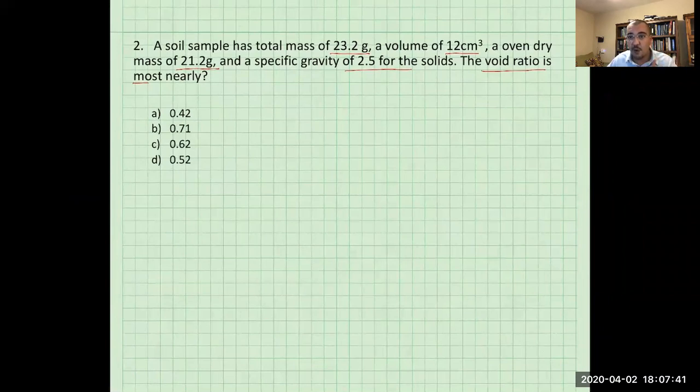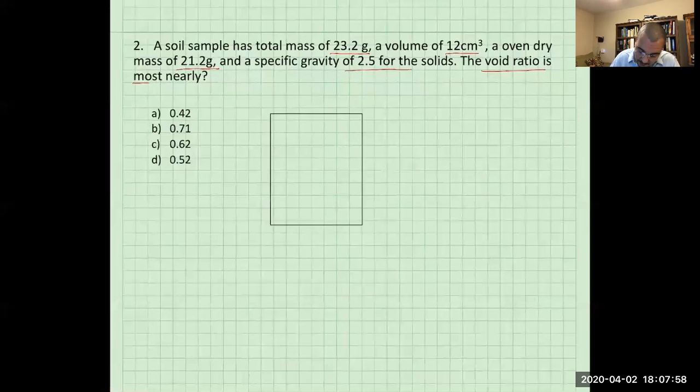So you want to avoid unnecessary conversions that will waste your time. So again, let's do it. We'll construct a phase diagram again, but it will be exactly the same as the one before.